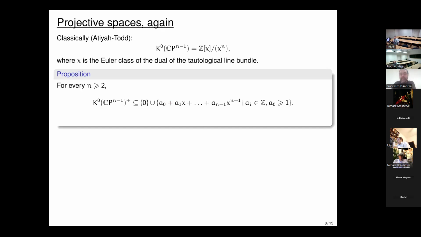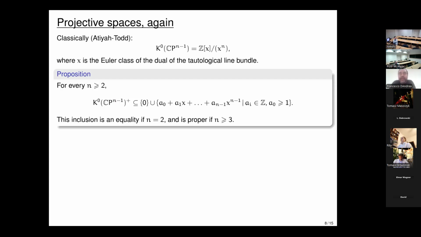So what you can prove is that there is this set inclusion. Now, if n is equal to 2, so if you have CP1, this inclusion is actually an equality, and you have an explicit computation of the positive cone. But if n is greater or equal than 3, this inclusion is proper. You can prove that there is some polynomial on the right which does not belong to the positive cone.